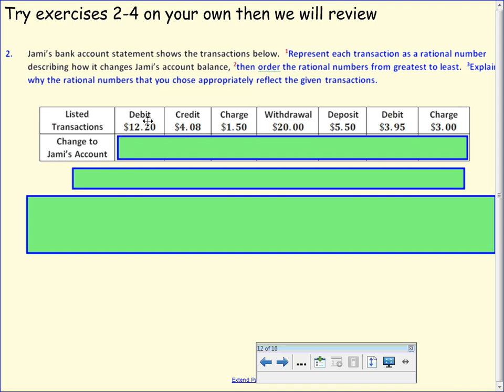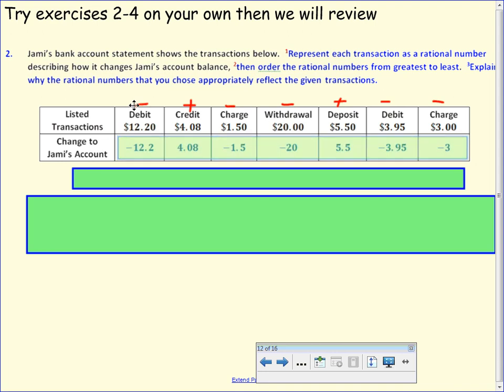Is debit a negative or a positive? Negative. Credit, negative or positive? Charge. Withdrawal. Deposit, debit, charge. So we can use those words to help us identify what type of integer we need to write.